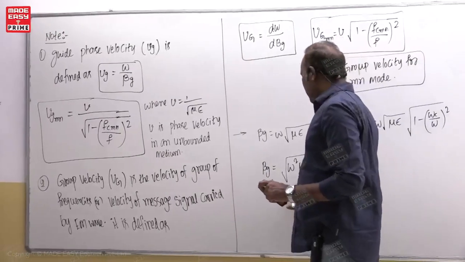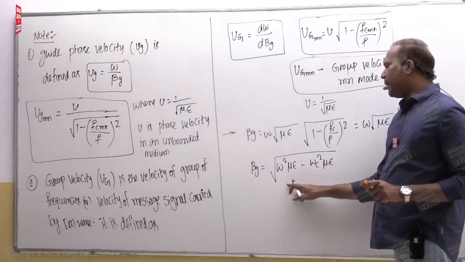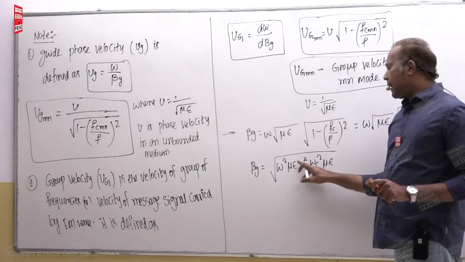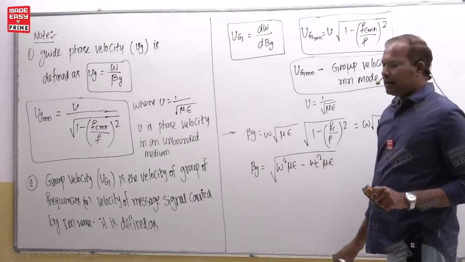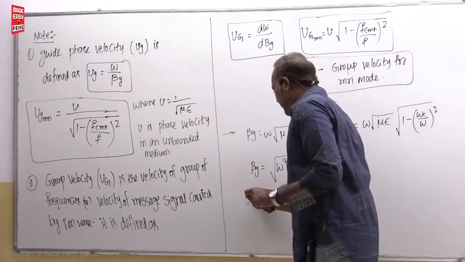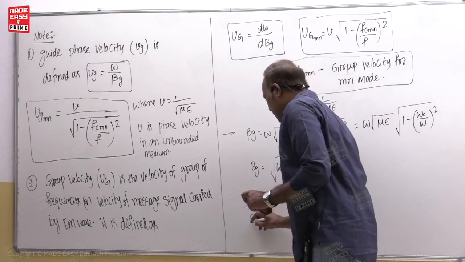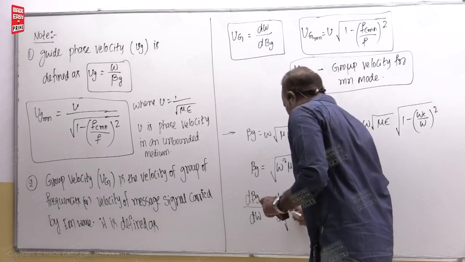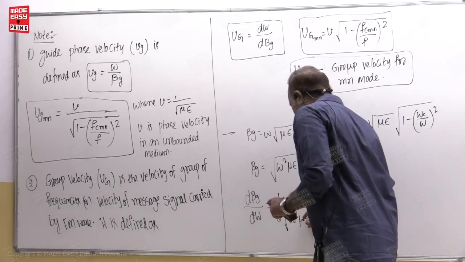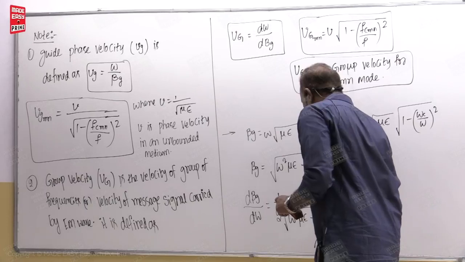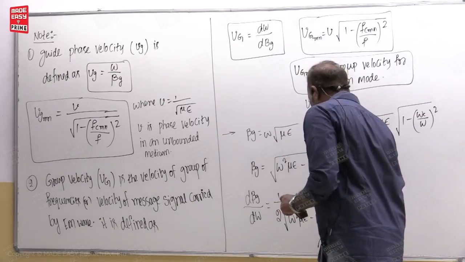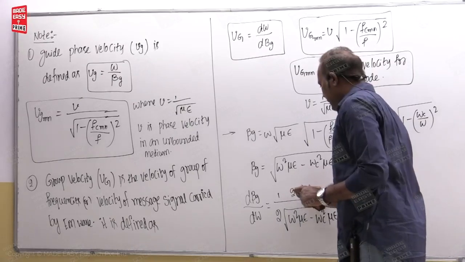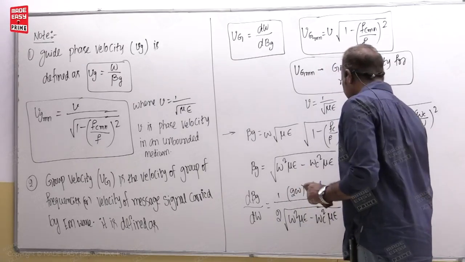So you differentiate this with respect to omega. It is like root x formula, 1 by 2 root x. Then again the inside term you have to differentiate. So d beta g divided by d omega is equal to 1 by 2 root omega square mu epsilon minus omega c square mu epsilon, and you differentiate this, then you get 2 omega, right?